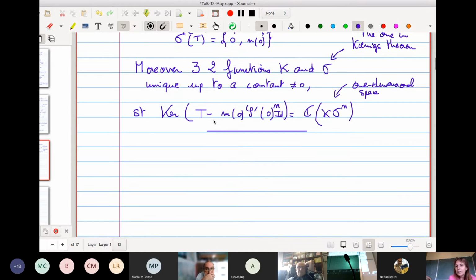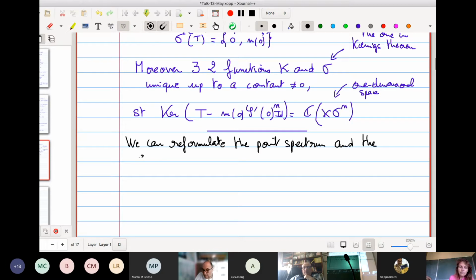Okay, so I will just reformulate the study of the point spectrum and the spectrum in terms of functional equations.